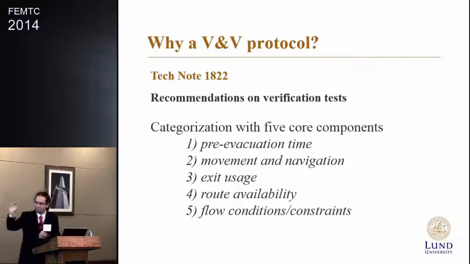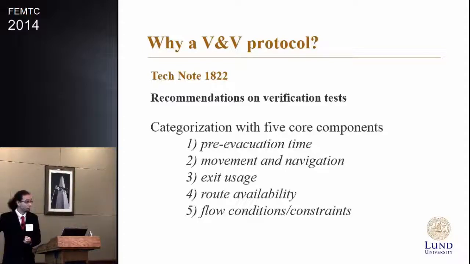But the idea is that you, the model user, are lost because you have 60 models to choose among. You go to this list, you know what is the factor that has more impact for your study, and you know exactly what tests have been done for each of these components.